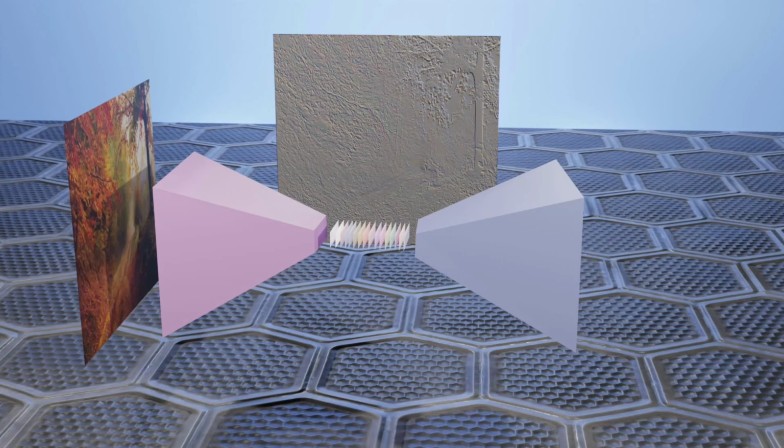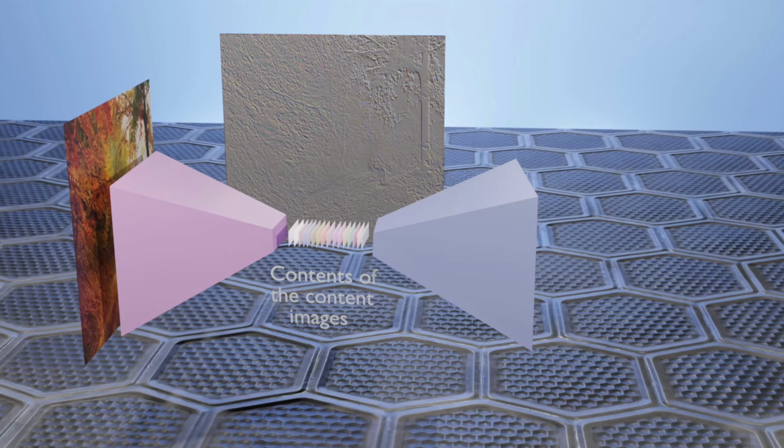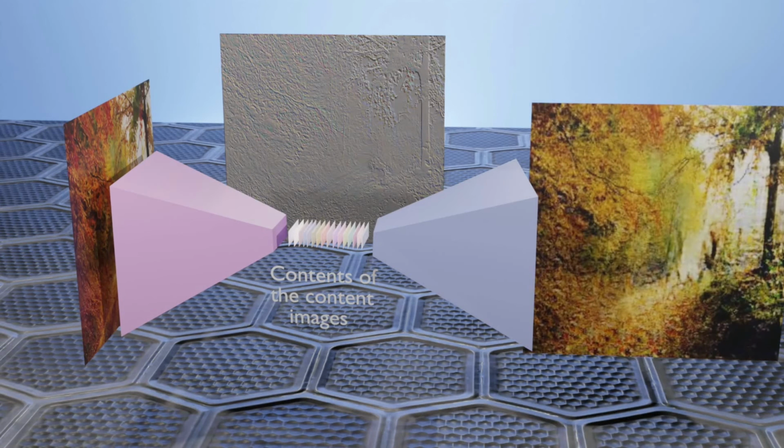So let's call this 256 channel image, which is between encoder and decoder, the contents of the content image. The decoder then takes this low resolution 256 by 16 by 16 image and upscales it back to a 128 by 128 by 3 image. This is the stylized image, as said earlier. The function of the decoder, as you see, is to add style on top of the 256 by 16 by 16 channel content image provided by the encoder.